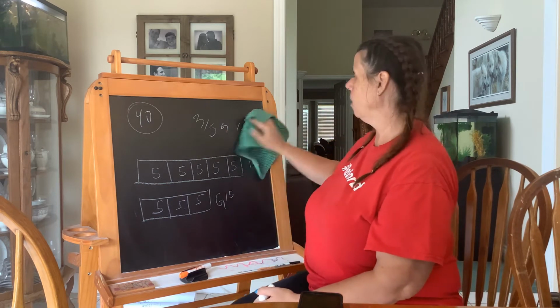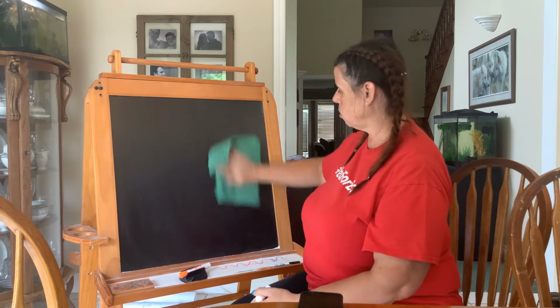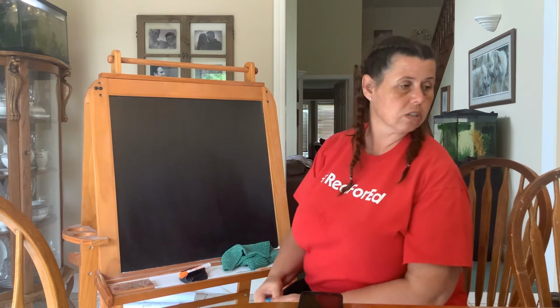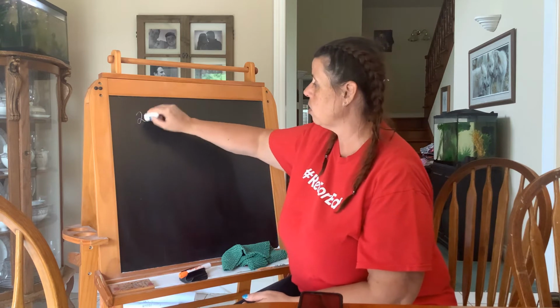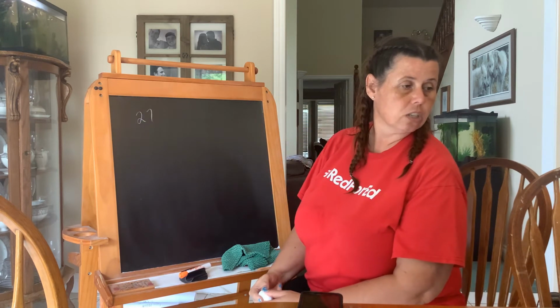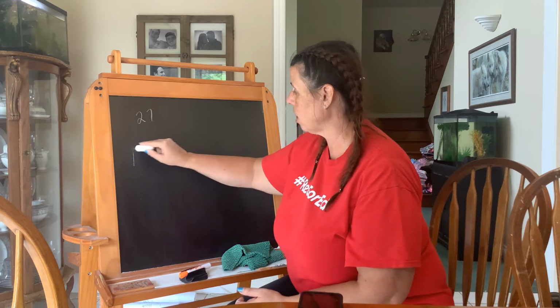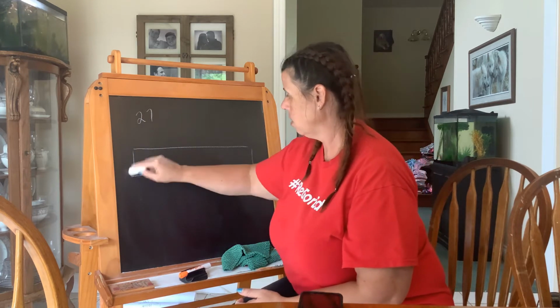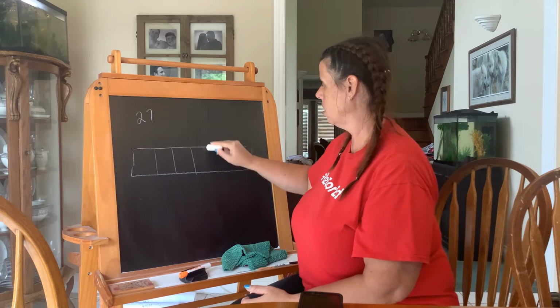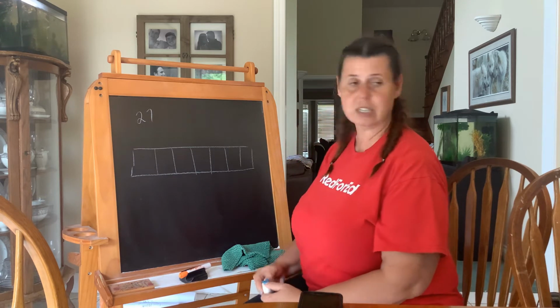Okay? Now, I'll help you set up the next one, and then you do it on your own, okay? There are 27 students on the bus. 2/7 as many boys as girls. So we know we've got to cut it into 7, right? We cut it into 7.